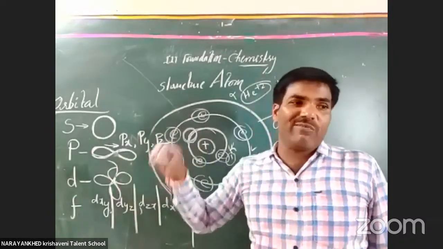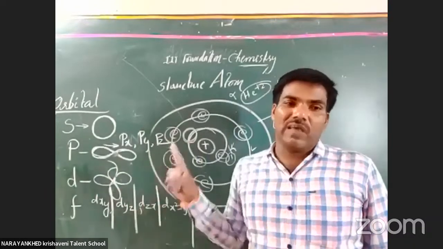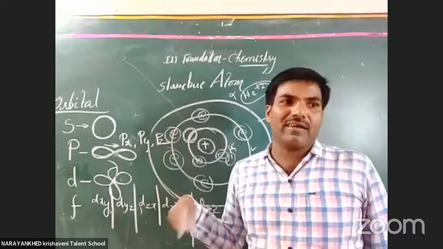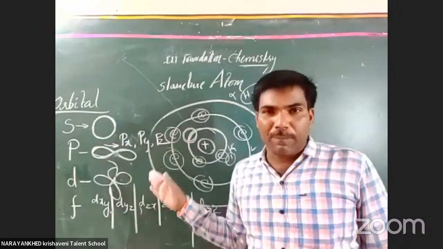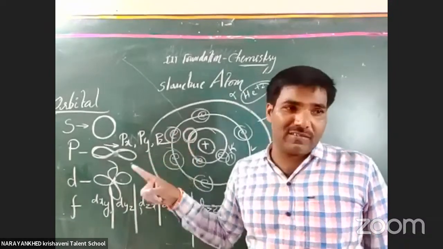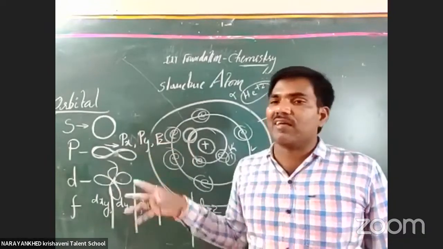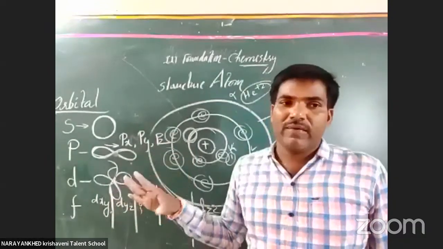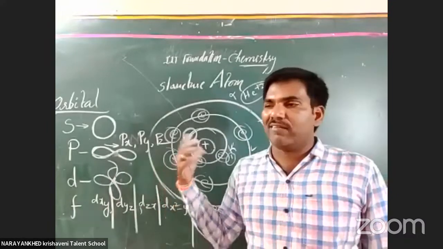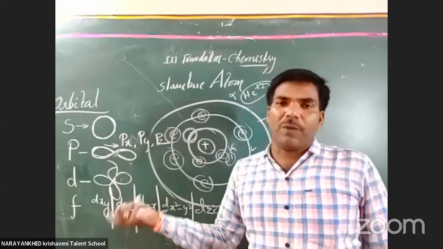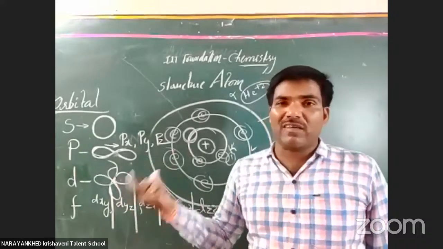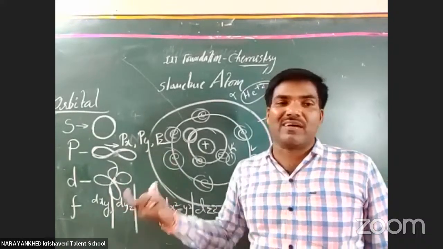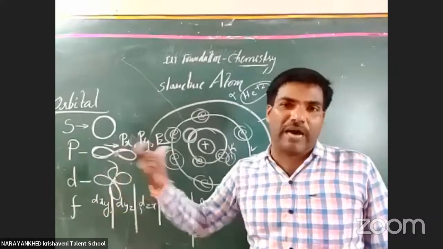Electrons revolve in particular circular paths. Those circular paths are called orbits. In those orbits, electrons revolve with some speed, so it is not possible to find the exact position. It is only possible to find probability. Where the maximum finding probability is, that is called an orbital or suborbit.